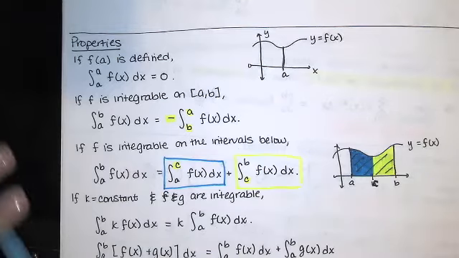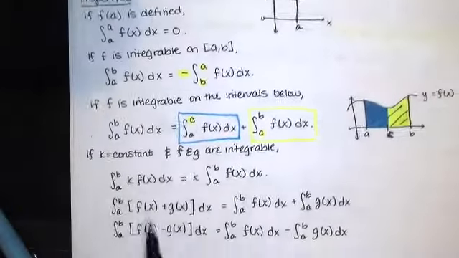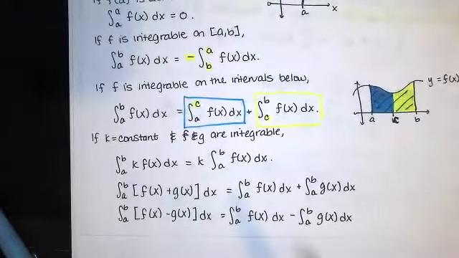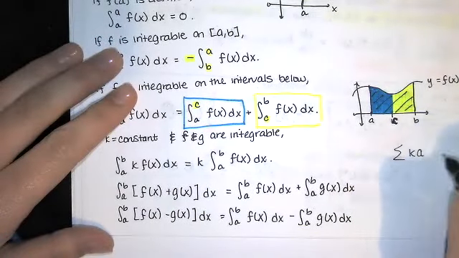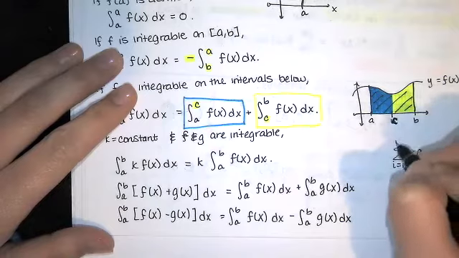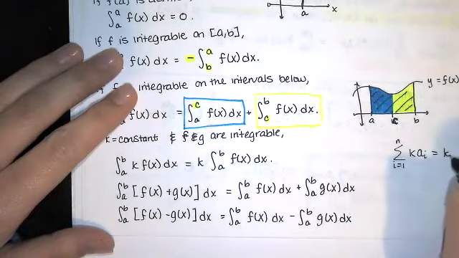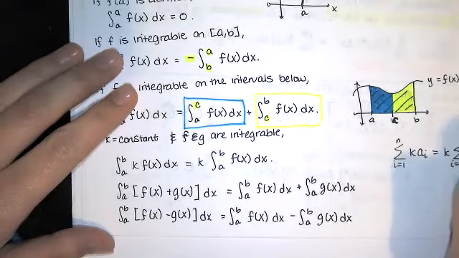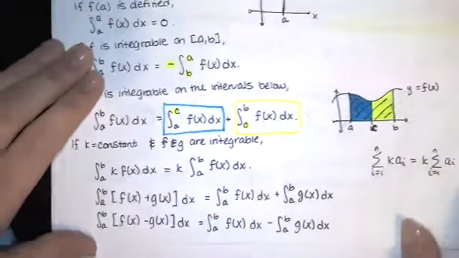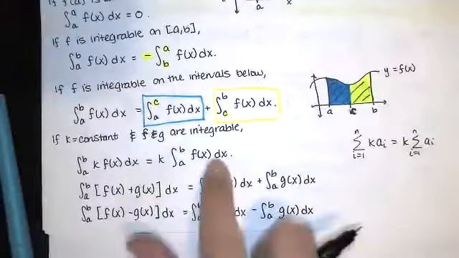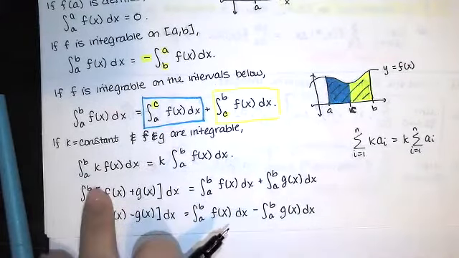Now these are just extensions of those properties that we had for summations. Remember whenever we said before, if you've got a constant times the sum as i goes from 1 to n of a sub i, you could factor out that constant. That still holds over here, but remember these definite integrals are defined as limits of sums that look like that. So we could pull the constants out from those limits as well.